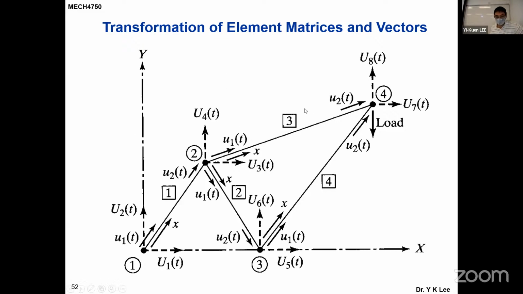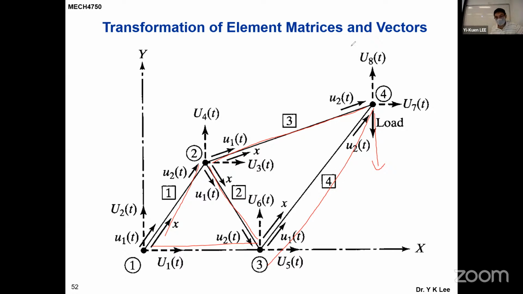This is a truss structure, as you learn in undergraduate engineering statics and dynamics, with 1-dimensional bar elements. Once there is certain loading here, how can we solve this kind of problem based on the finite element?